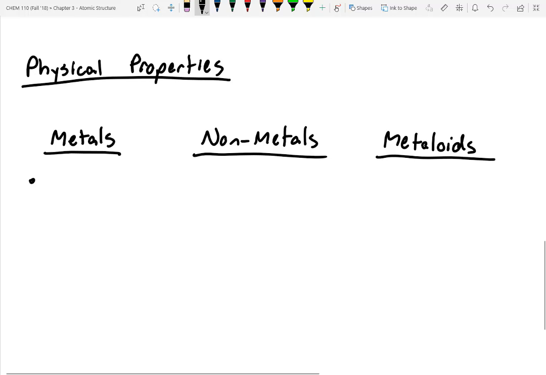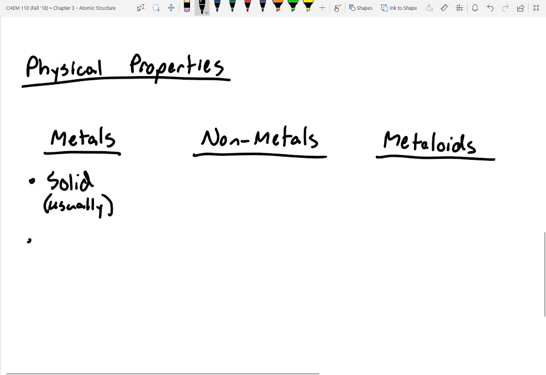Okay. I will say usually, if you've ever played around with mercury, mercury is a liquid metal, so that's kind of the one oddball exception. You can also melt some metals under really high temperature, like in a furnace. So they're solid usually under normal conditions with the exception of mercury.